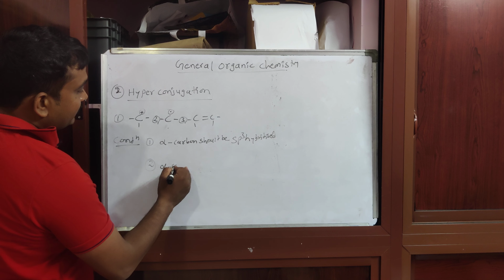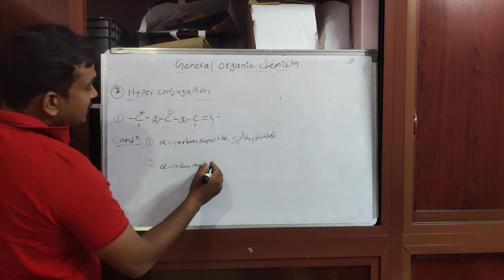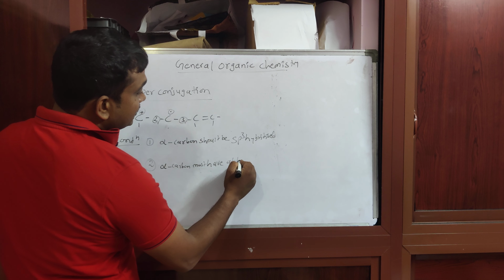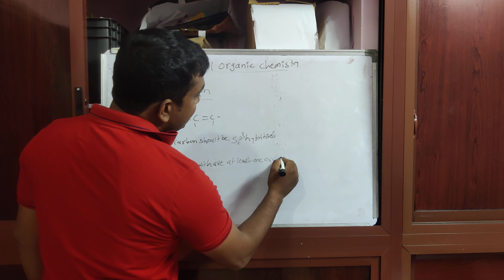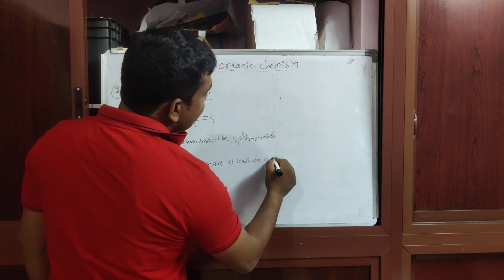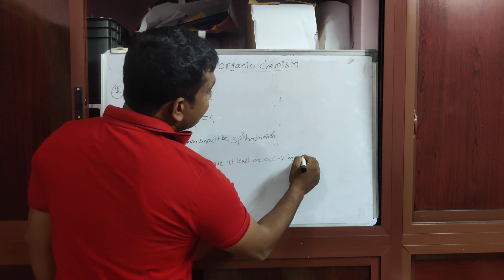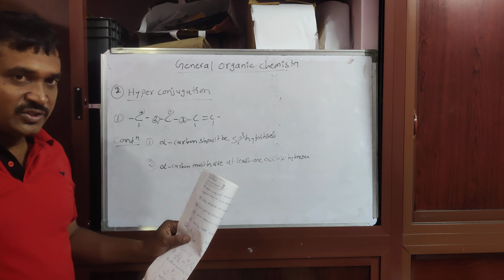The alpha carbon must have at least one alpha hydrogen, an alpha C-H hydrogen. What is hyperconjugation?